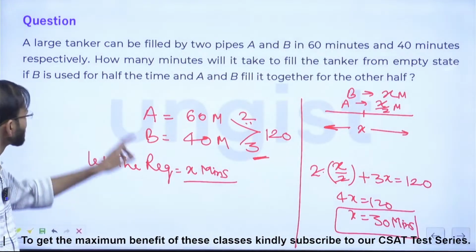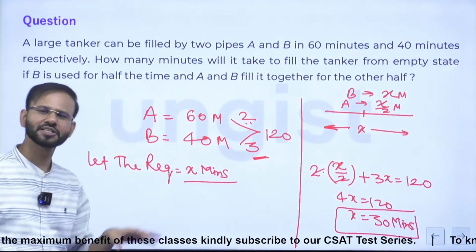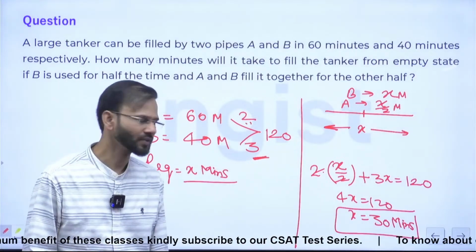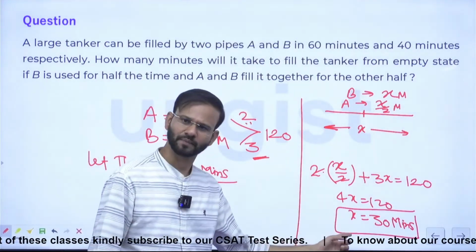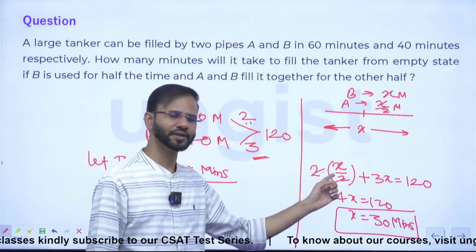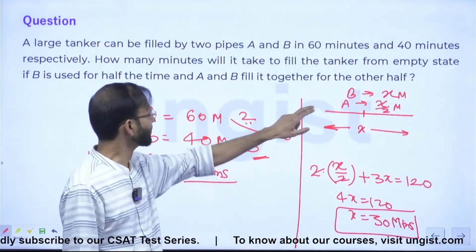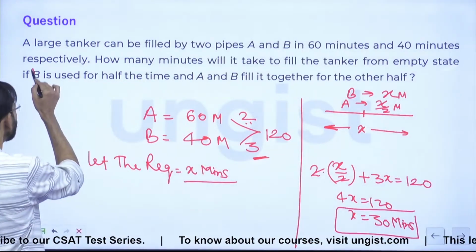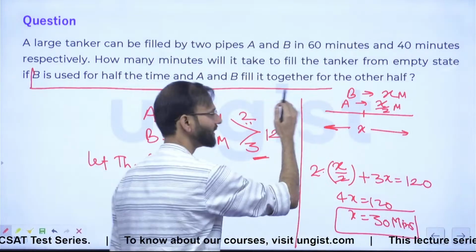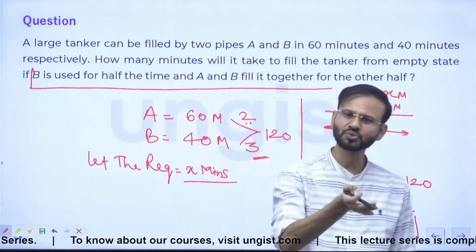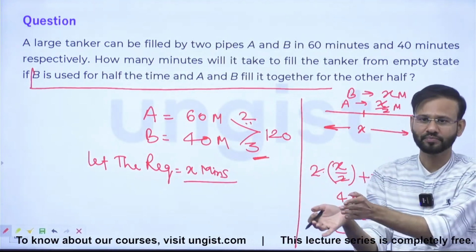Right? So just look at the question. Look at the final question statement and from this one, 2 into x by 2, right? See here, from this data you can say B is working for the entire time and A is used for half the time, for the second half only, right?